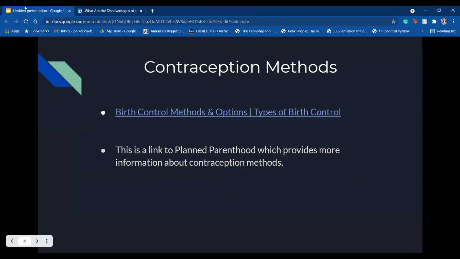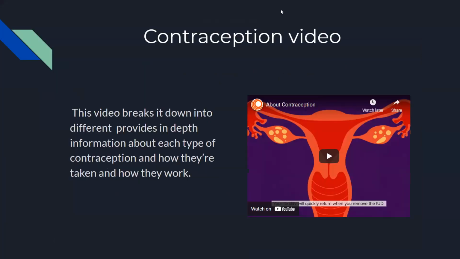And then next up here, we have a video that I'll play for you that talks about the different types of birth control and categorizes them and how they're taken and how they work. It will talk about the category of hormonal.